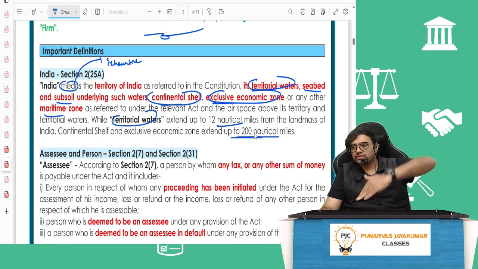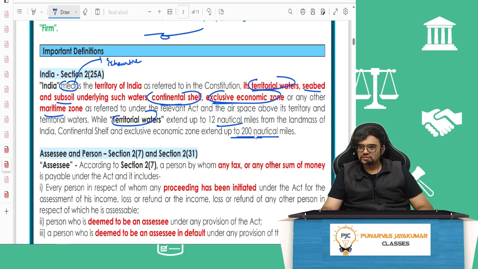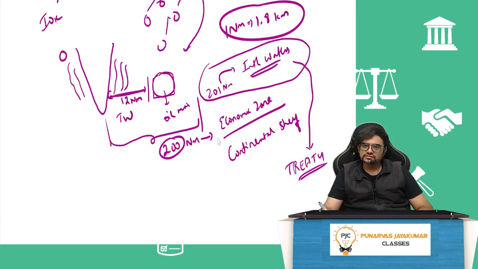Not only below, even on top. The Air Force can control up to 200 nautical miles. Beyond that, after this 200 nautical miles, it will become what? Not the Indian skies. It will become the international skies. So there will be treaties and all those things.